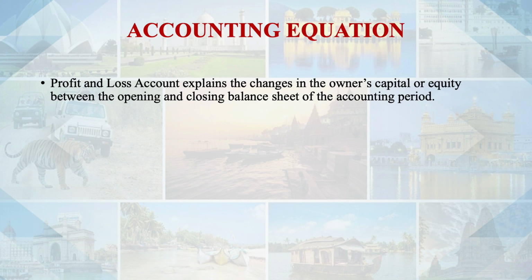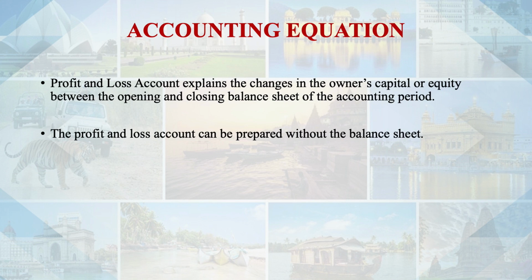That is, it will also show the changes in the owner's capital or equity, the money which belongs to the owner, between the opening and the closing balance sheet. This means that a balance sheet cannot be prepared without your profit and loss account statement. You can prepare a profit and loss account statement without preparing a balance sheet, but for a balance sheet you need to prepare your profit and loss account statement.